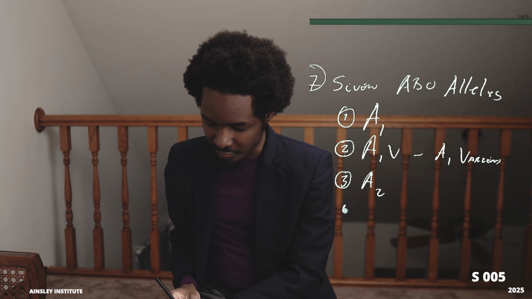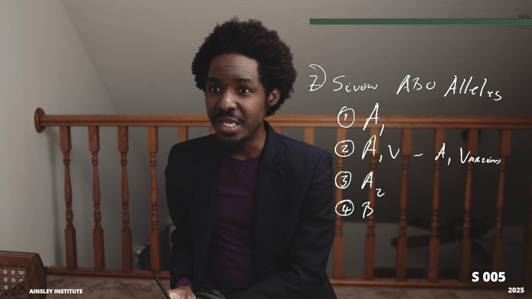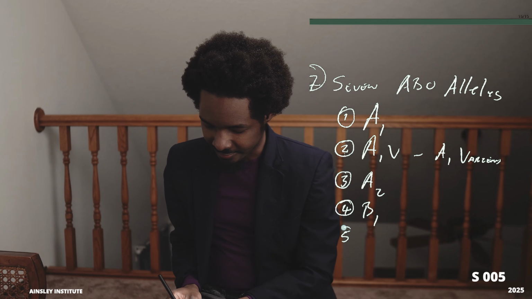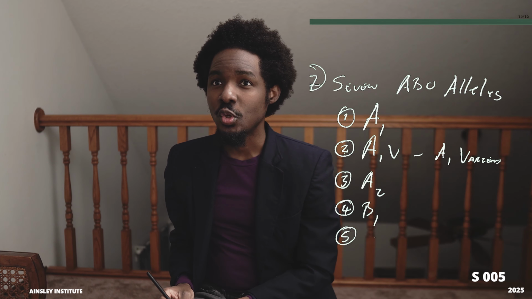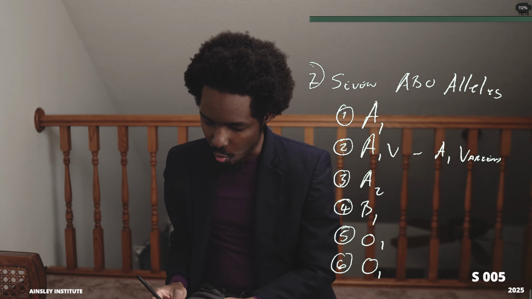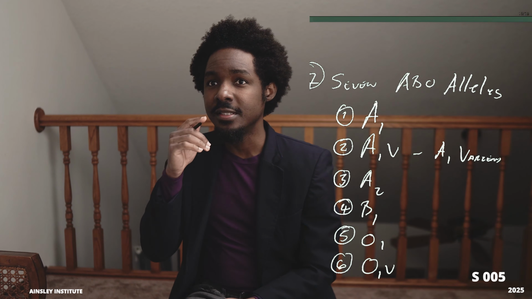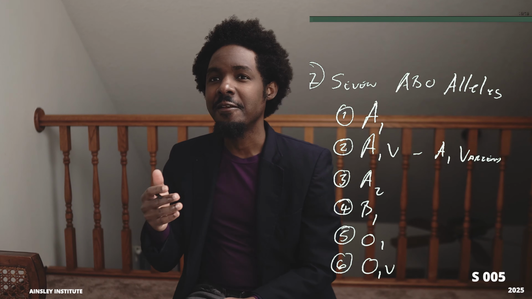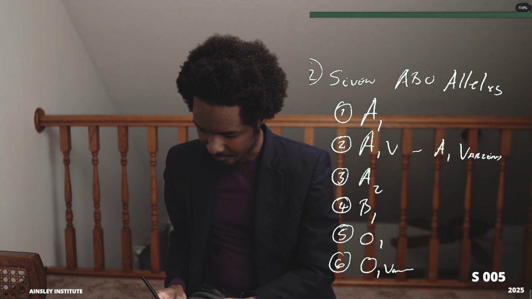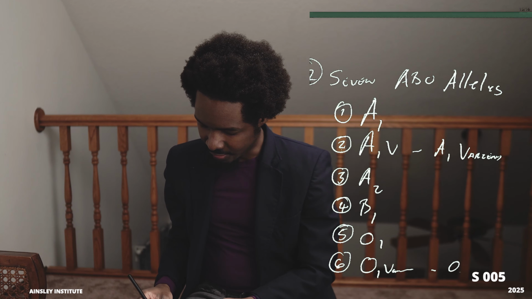The next one, number 4, is going to be the B1. Then number 5 is the O1. And number 6, guess what? We have a variant again. It's going to be O1V because it is the O1 variant.